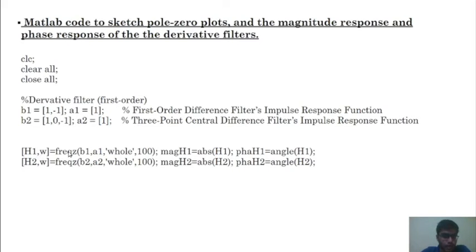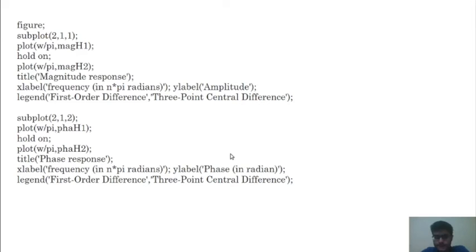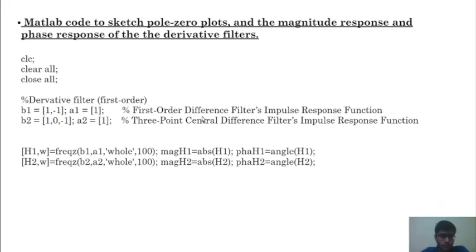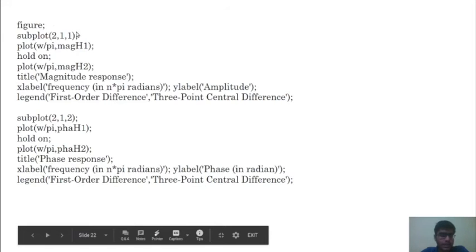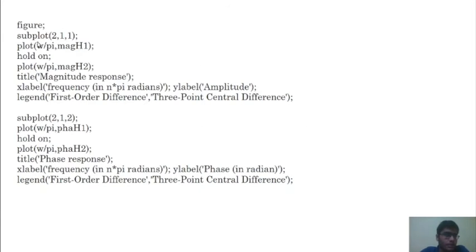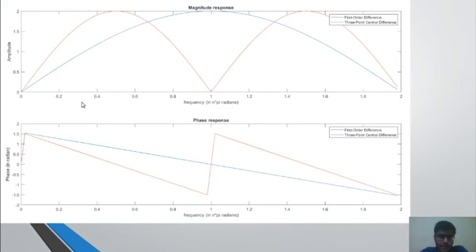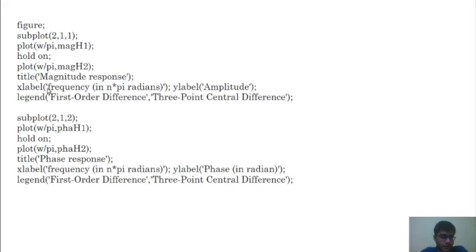Again we are using the frequency z, and we are plotting the magnitude response and the phase response. Here we calculated those things, and here we are plotting. In subplot 2,2,1 we plot the magnitude response for those two filters, and then we plot the phase response for those two filters. Again the x-axis was normalized, which you can see over here.